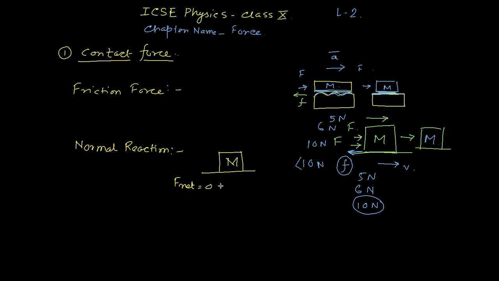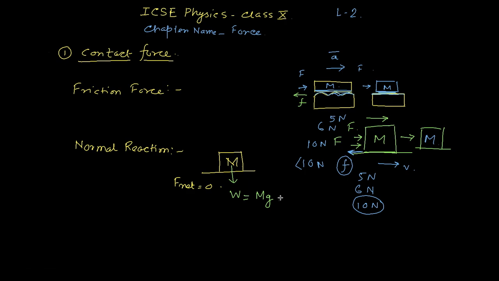If the mass is in static equilibrium, it means the net force acting on the mass is 0. So what are the forces acting over here? The force which acts over here is, first, the weight W equal to m into g, where g is the acceleration due to gravity.